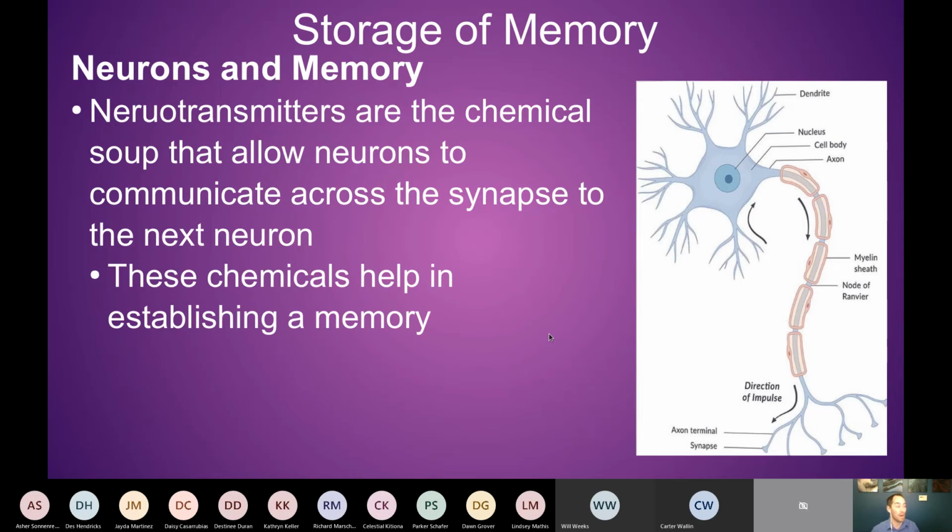These chemicals help in establishing memory. Certain chemicals make the connection stronger, so the receiving neuron will be more likely to fire when it gets messages from this neuron. A lot of that is really complicated, and we don't really need to go into more detail than that.